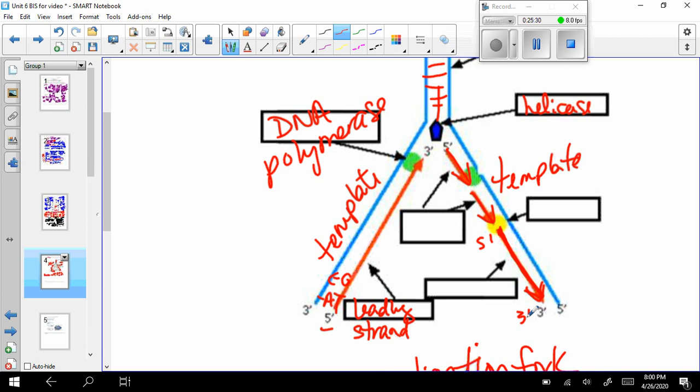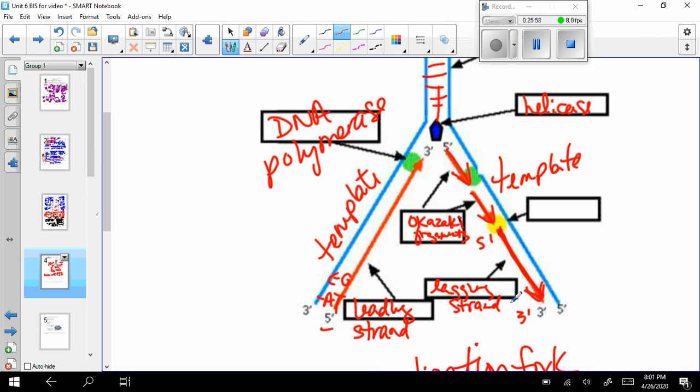But because it is building it in discontinuous fragments, these are called Okazaki fragments. And together, they make up the lagging strand. So the lagging strand, when you look at it, it's 3' to 5' towards the fork, but it was really built 5' to 3' away from the fork in discontinuous fragments.